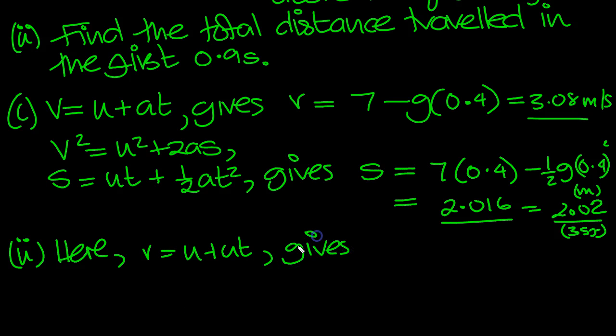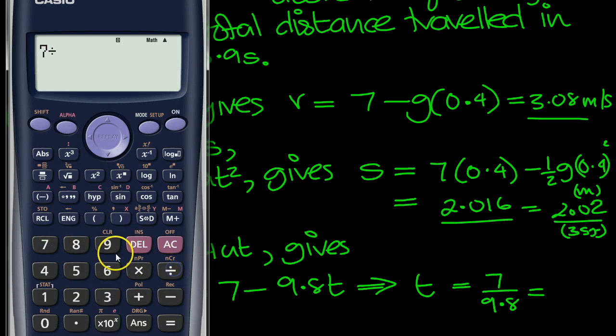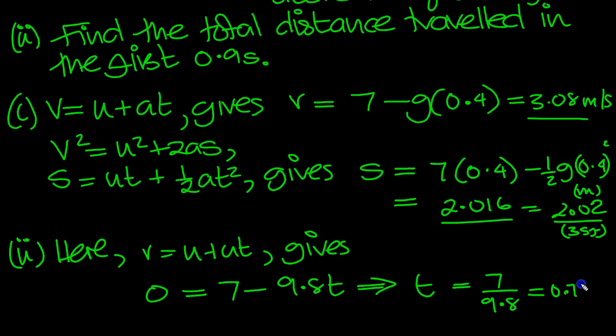The velocity at the top is 0, the initial velocity is 7, a is minus 9.8 times time. That gives us the time is 7 divided by 9.8, which equals 0.7142 seconds. Now that's the time to the top.